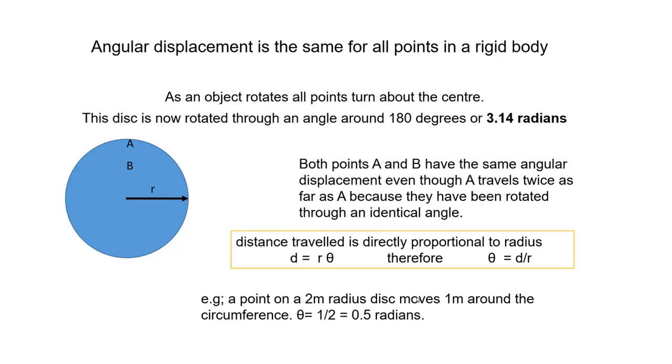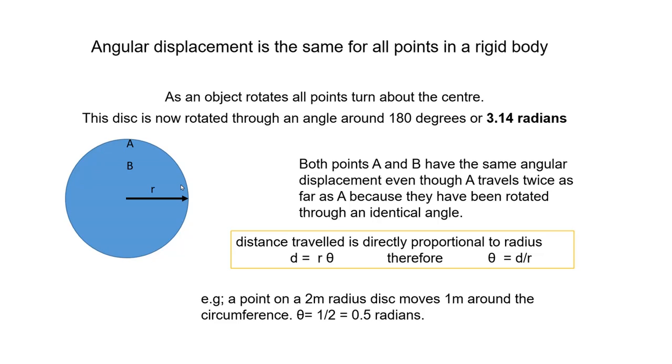Now if we have a look at this object, point A and point B, then point B, when it travels around to this point, will travel a lesser distance than point A will. There's no point on an object like this where they can overtake each other in an angular sense.